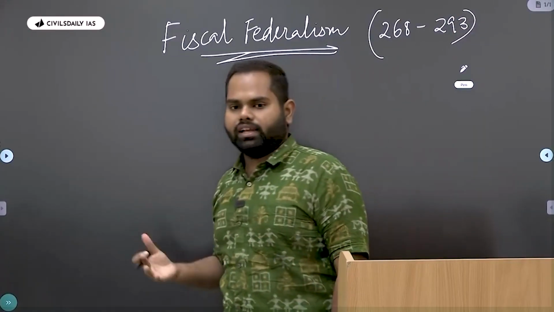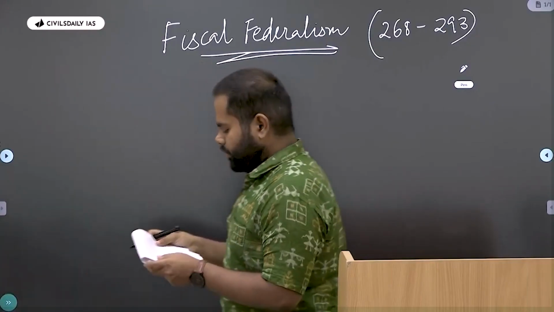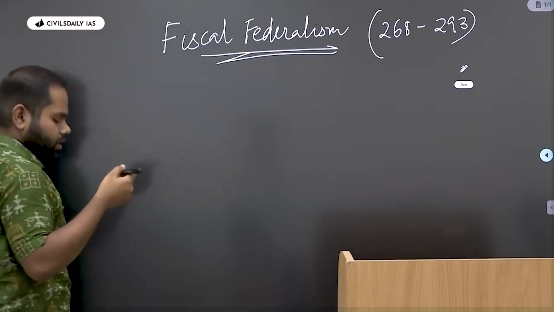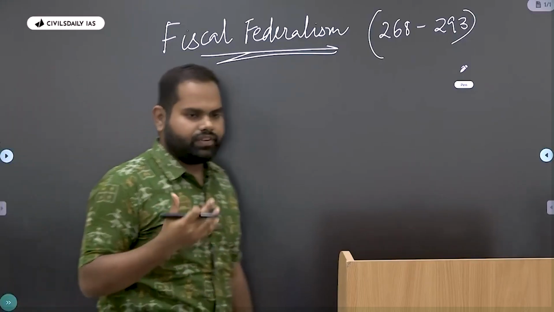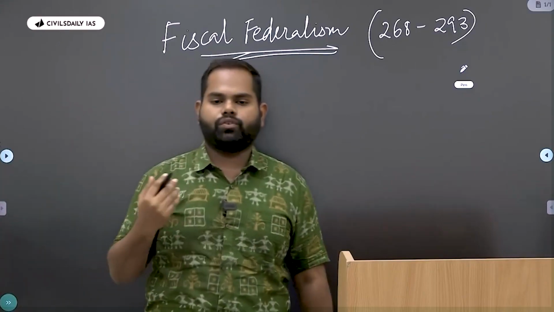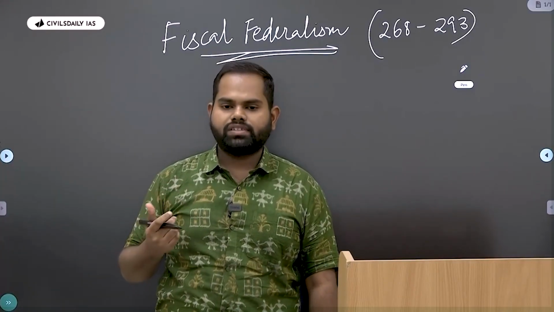This should come organically: just seeing fiscal federalism, its articles should come to your mind. Give me some points. What are the different dimensions of fiscal federalism? What are the institutions or articles that empower and manifest fiscal federalism?